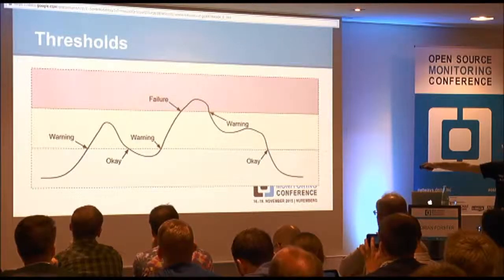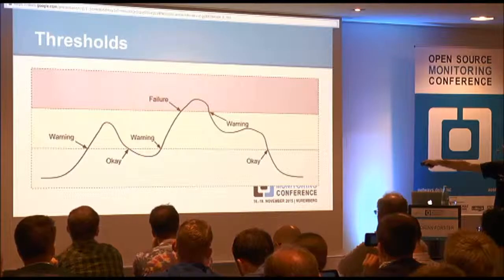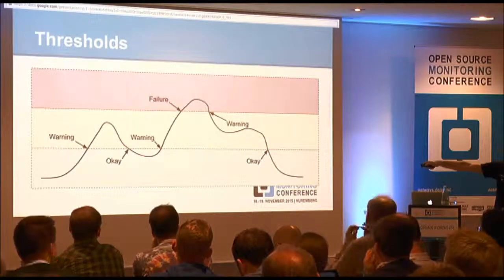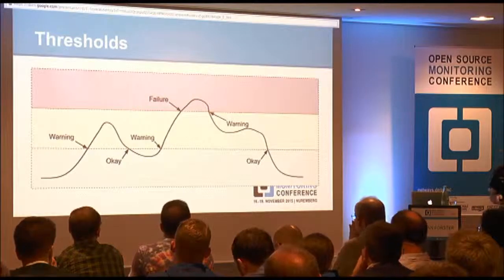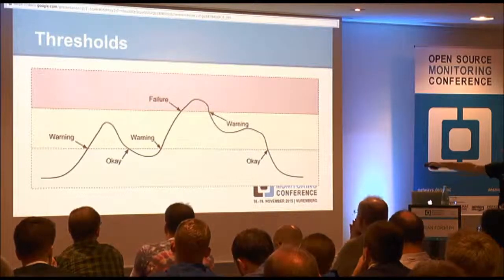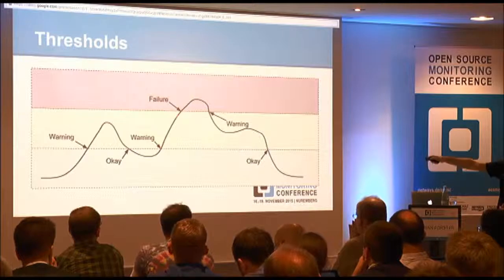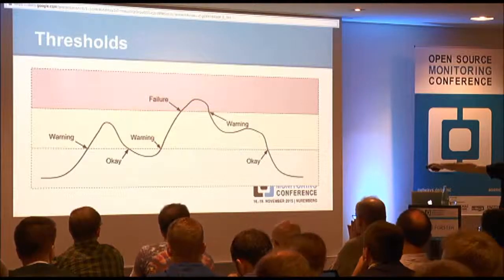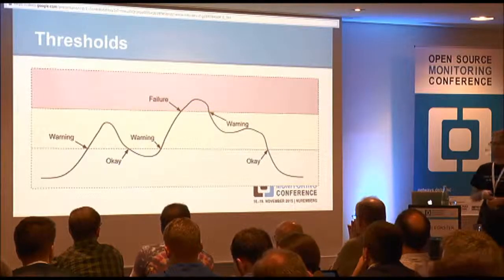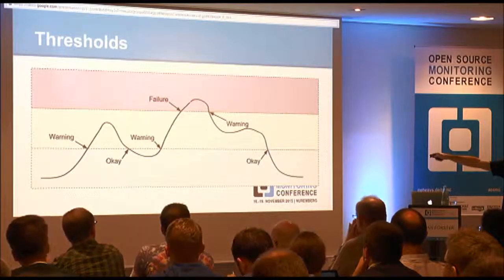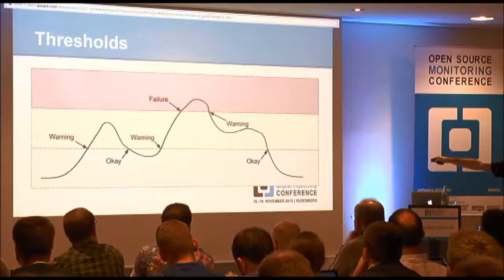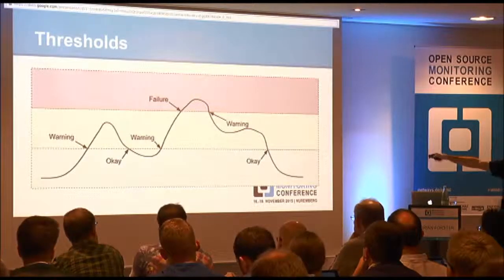Here we're going back from the warning range into the OK range, which means an OK notification will be emitted. Then it rises again into warning and later into the failure range, so a warning and later a failure notification will be emitted. And then the way back, most notably when it used to be a failure and it's going back down, this is where you will get another warning.